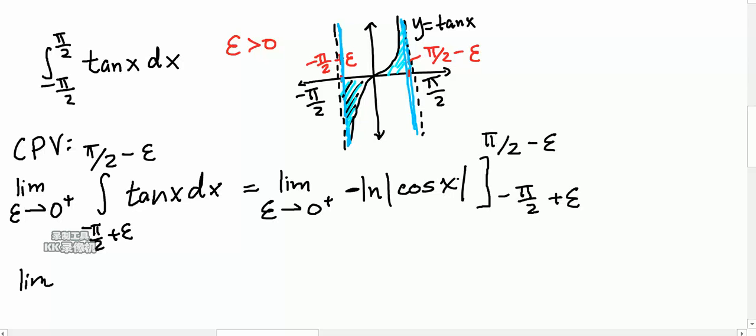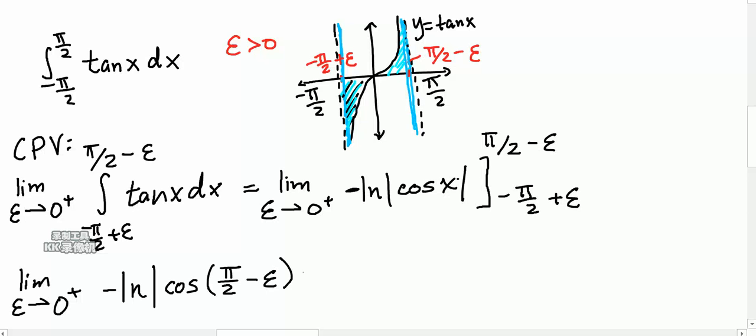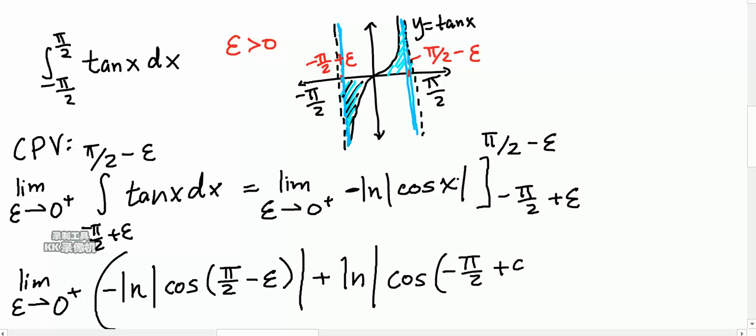If we just plug in these values, we get the limit as epsilon approaches 0 of negative natural log of the absolute value of cosine of pi over 2 minus epsilon. And then over here, we're going to add, since minus minus is plus, the natural log of the absolute value of cosine of negative pi over 2 plus epsilon.